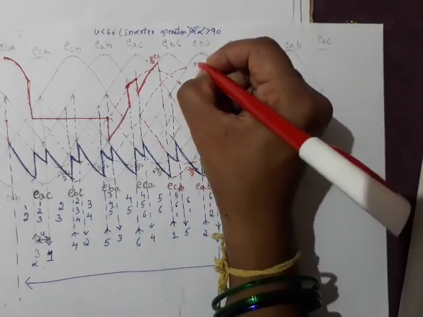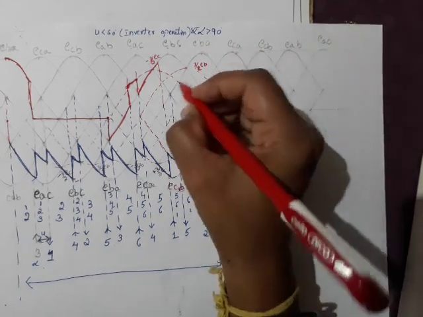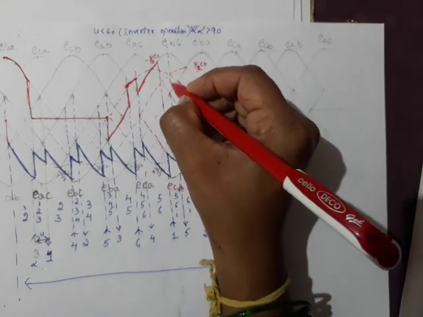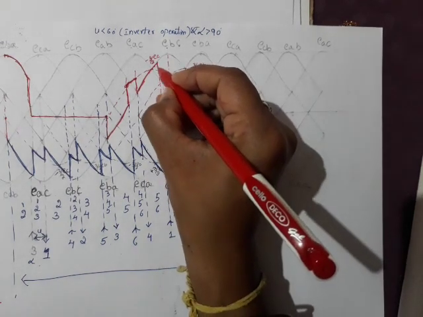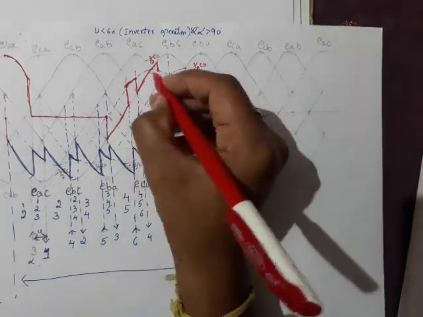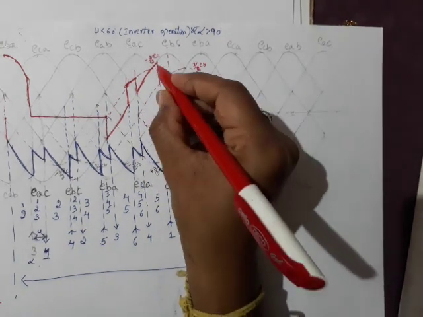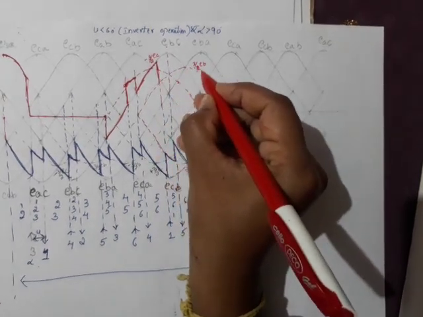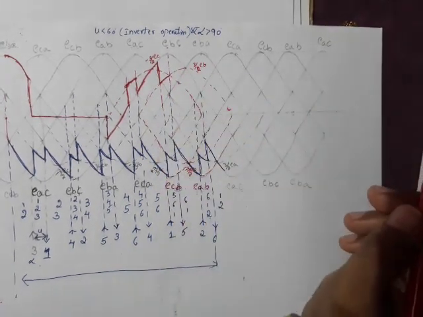So between these 2 points, it will drop till here. It has to follow the 3 by 2 times of EB line.